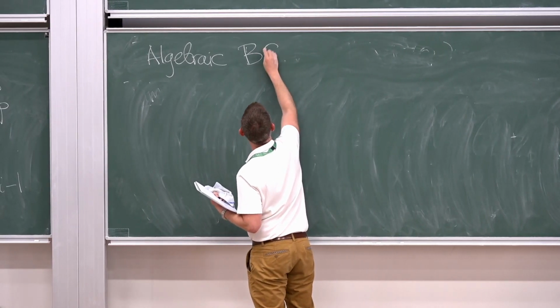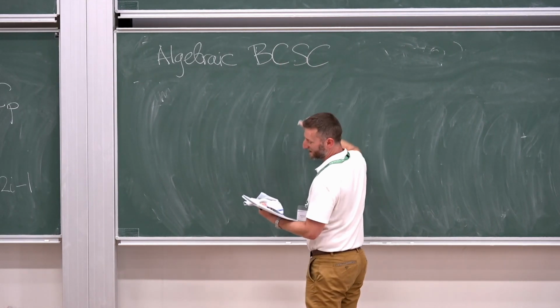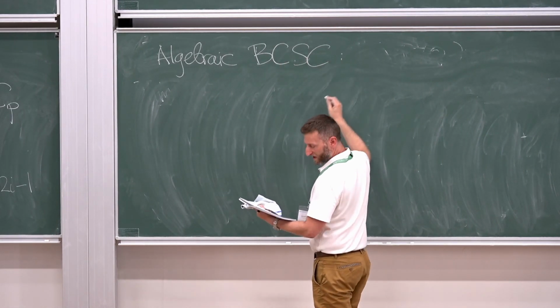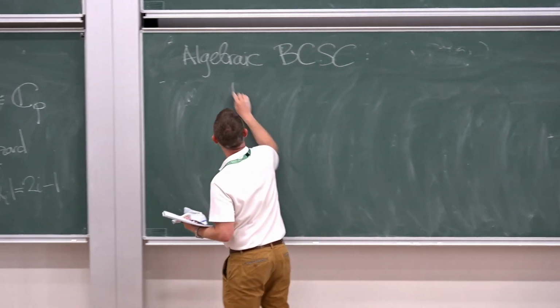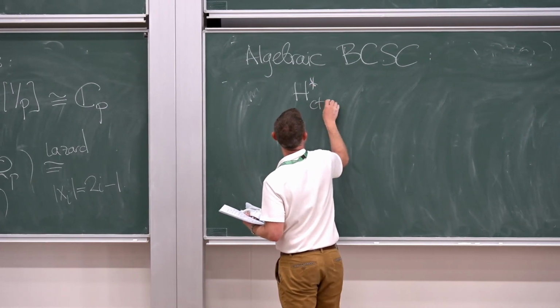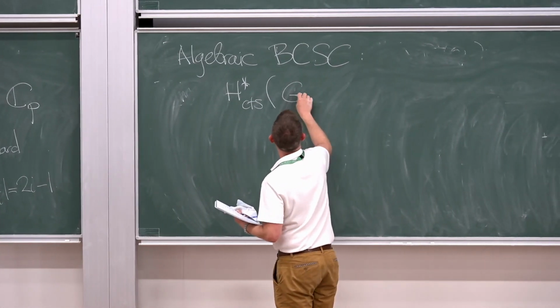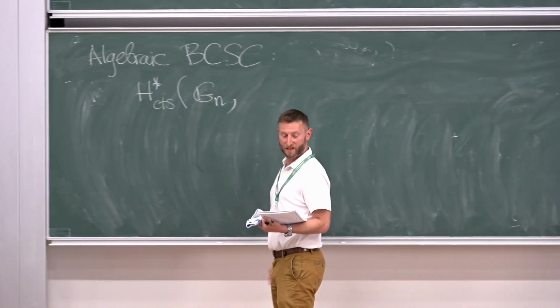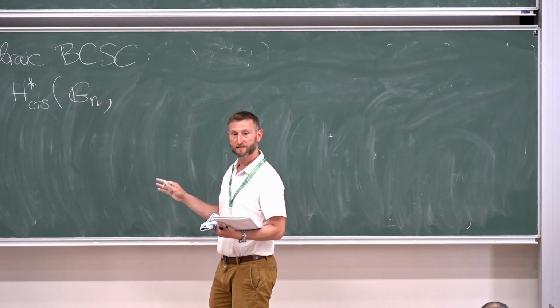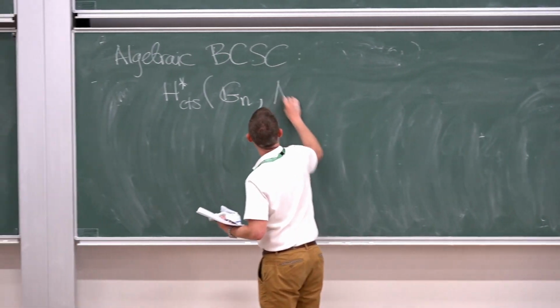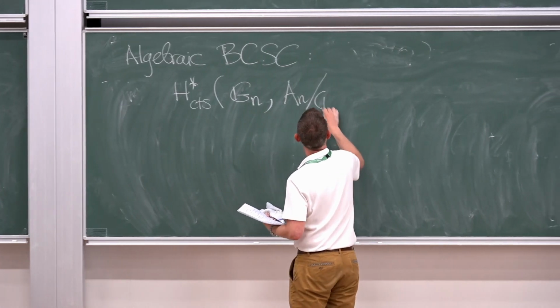BS, bichromatic splitting conjecture. How about that? So this has to do with the continuous cohomology of the same Morava stabilizer group, but this time it's acting on something else. So you should take An and mod out by a certain ideal.